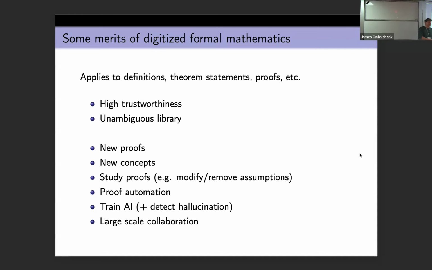Maybe once you start chopping your proof up into smaller pieces, which is usually part of a formalization project, sometimes you encounter the necessity to make new definitions, and those definitions might actually make sense and be interesting outside of this proof. So it can really lead to new ideas, new proofs, new concepts, new definitions.